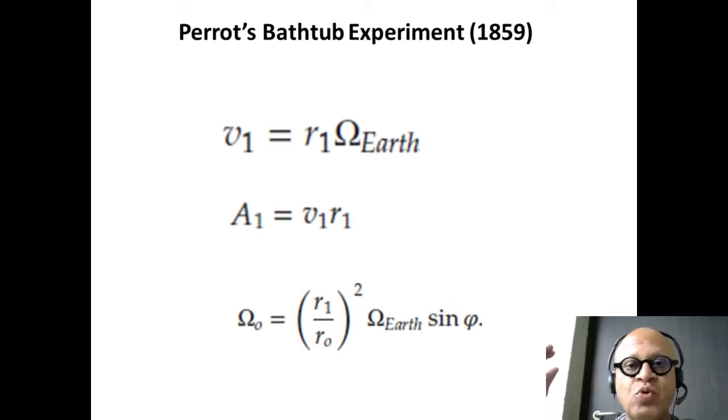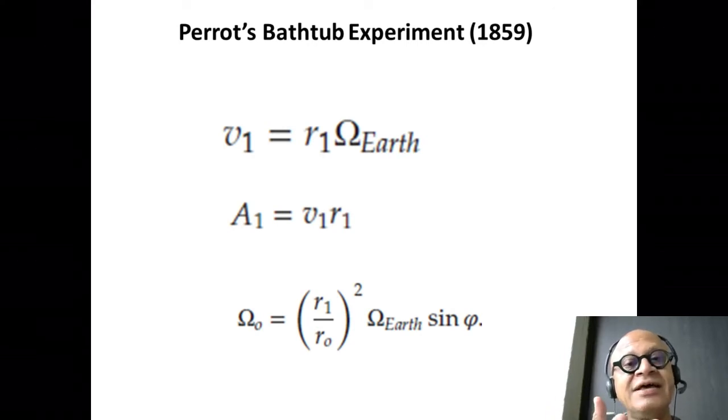At any latitude you are, we said F is omega sine phi, so it should acquire the omega of the Earth, and then the experiment can be set up to see how the natural omega acquired from the Earth's rotation in the tank is amplified when you change R. So the simple equations we will see in the tank are V1 equals R1 omega Earth at the edge of the tank, and it has an angular momentum of V1 R1, the radius of the tank.